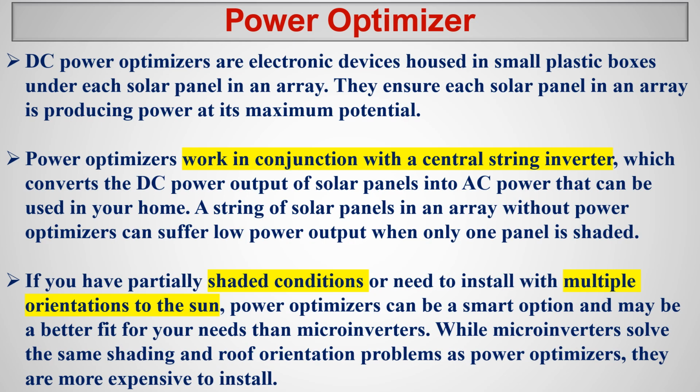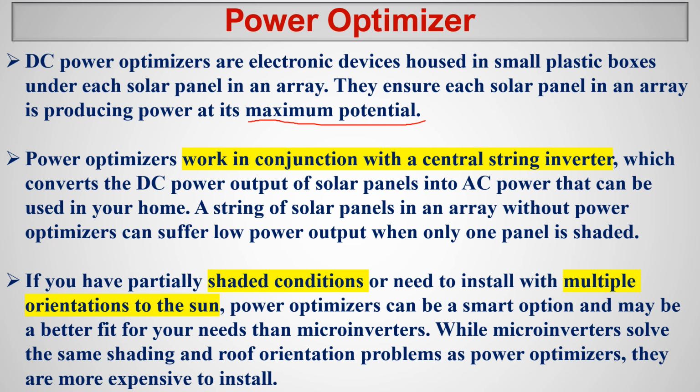The power optimizer is an electronic device in small plastic boxes. They ensure each solar panel in the array produces power at its maximum potential. We know about the maximum power point. In the IV curve we studied that the maximum current and voltage appear at the maximum power point. So we need to provide that maximum current to the inverter.